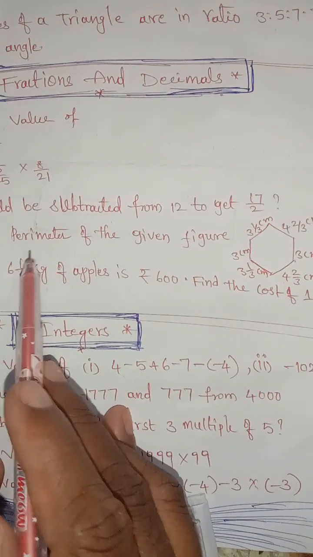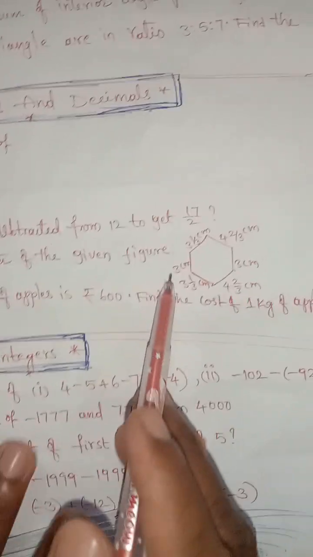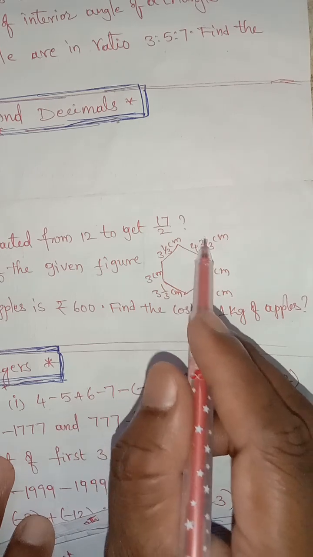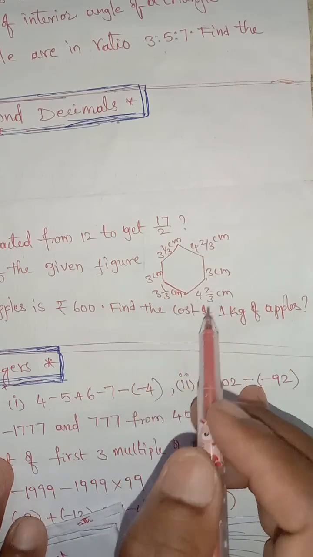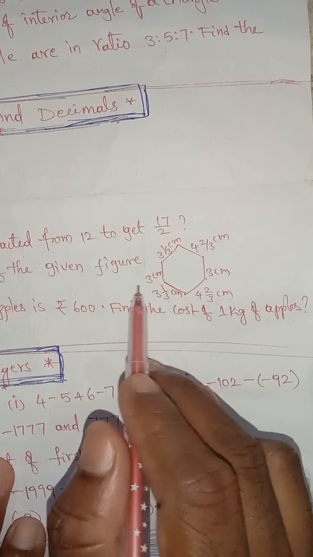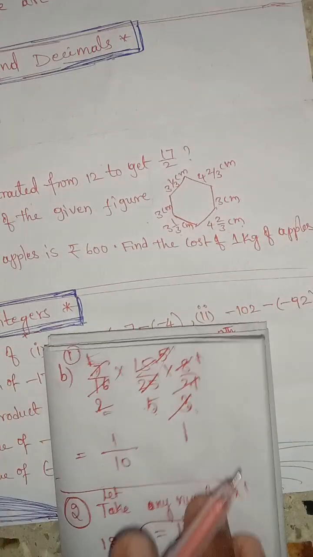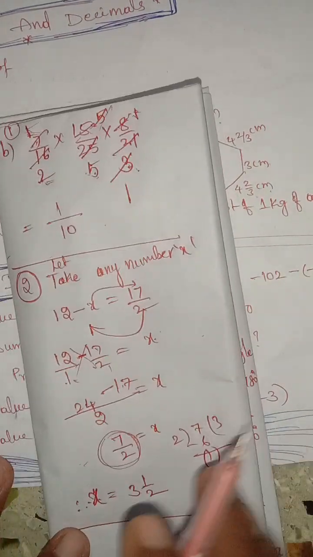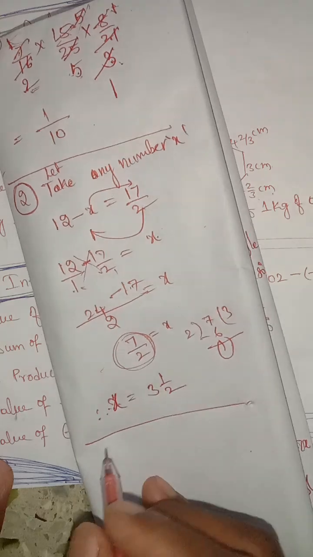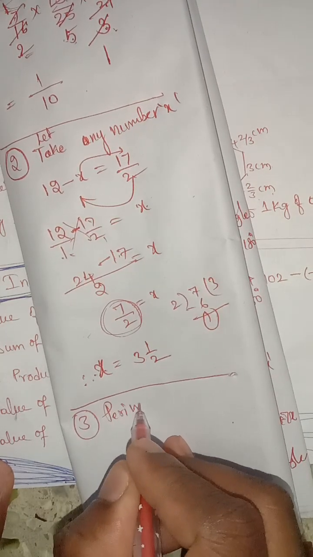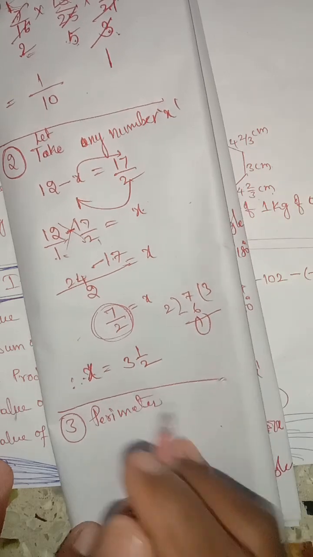Find the perimeter of the given figure. So this is the figure: 3 whole 1 by 3 centimeter, 4 whole 2 by 3 centimeter, 3 centimeter, 4 whole 2 by 3 centimeter, 3 whole 1 by 3 centimeter and 3 centimeter. The sum of all sides is nothing but the perimeter of any figure.